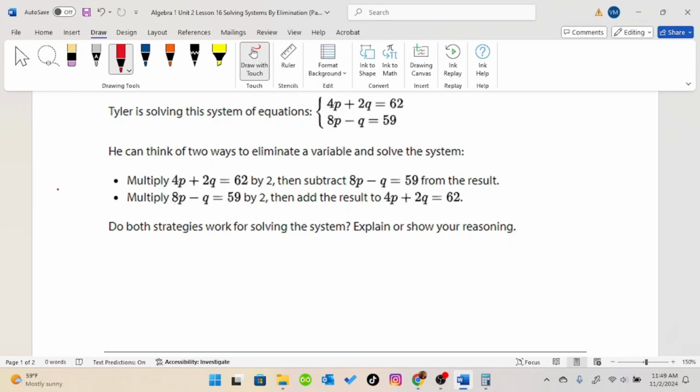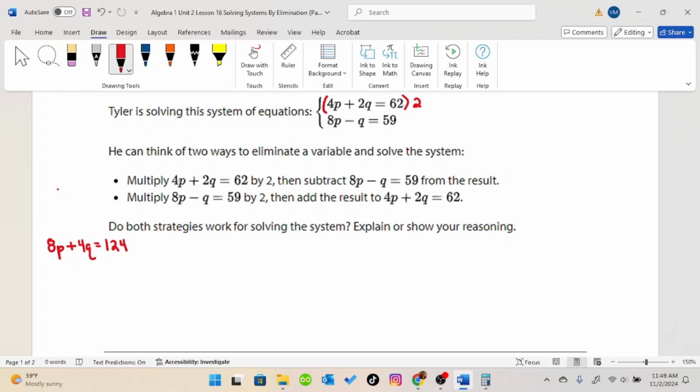So first, what we're going to do is take the top equation and multiply it by 2. So 2 times 4p becomes 8p. 2 times 2q becomes 4q. And 2 times 62 becomes 124.